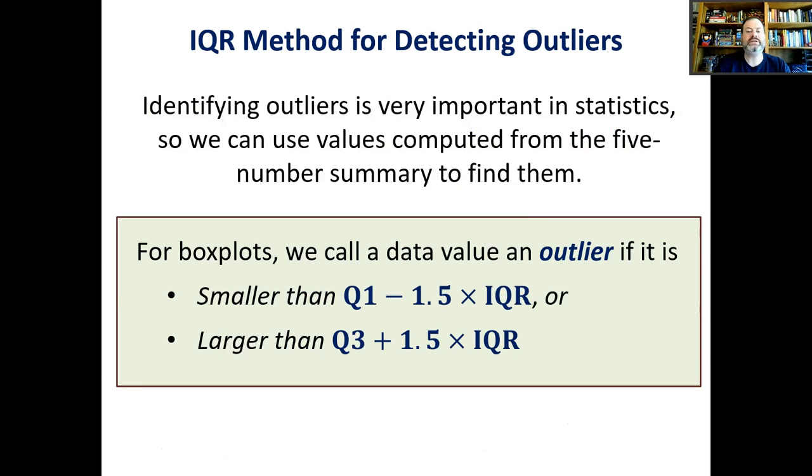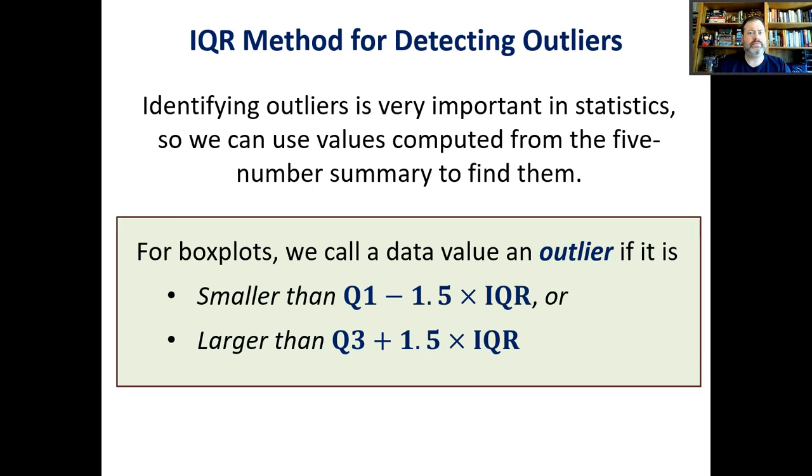So how do we detect outliers using box plots? So what we do is we use values computed from the 5-number summary. If you have homework that requires Q1, Q3, or the IQR, you have to use StatKey. I showed you guys that in the previous video, that real short video just on StatKey.